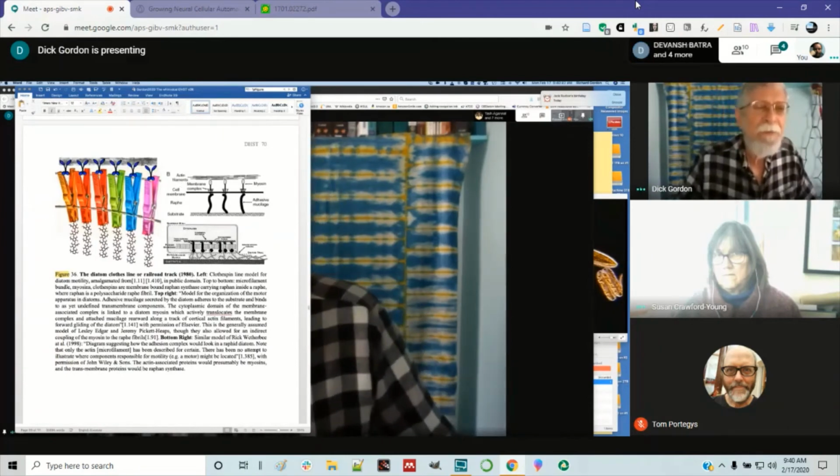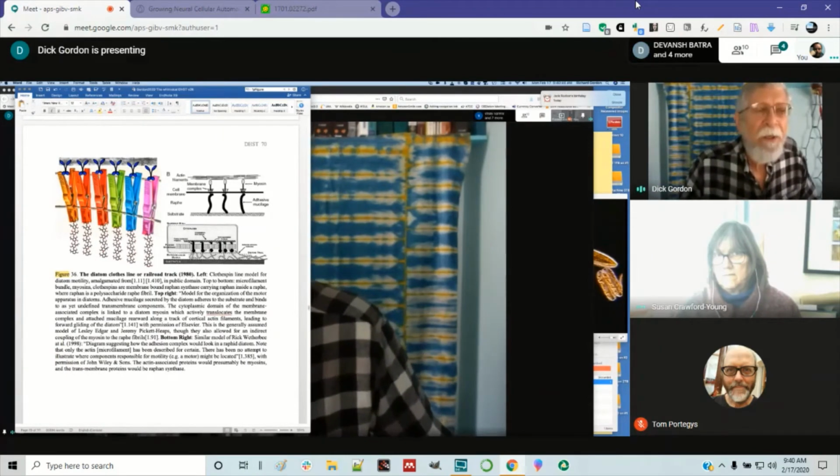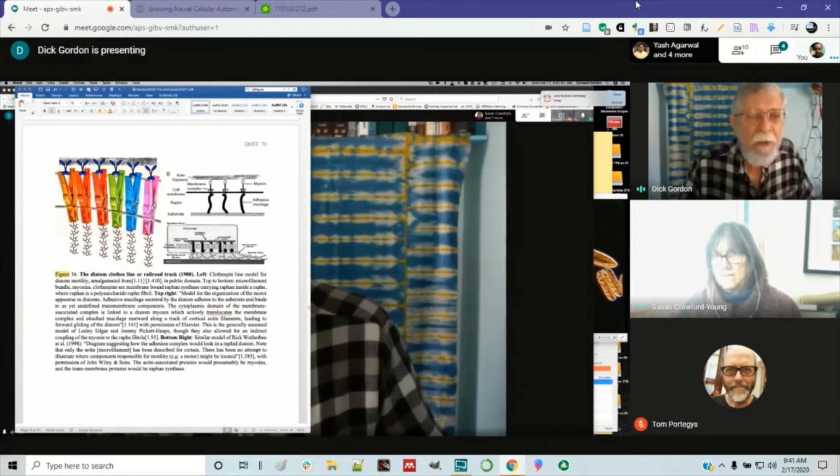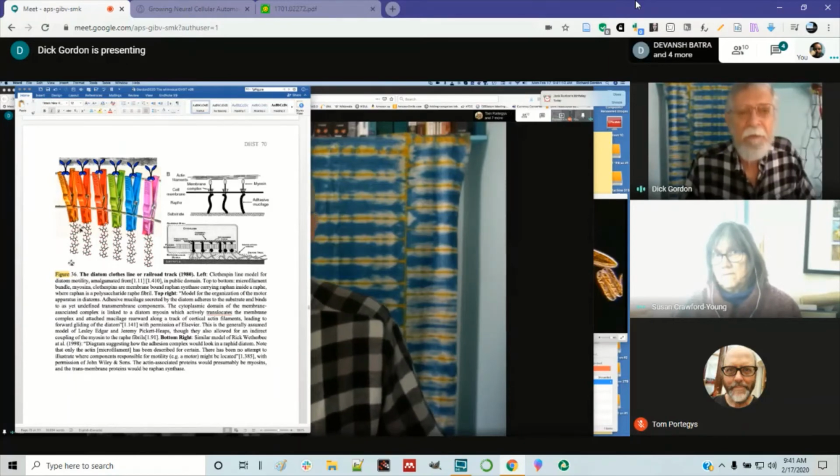Okay, so here's the clothesline model. I've done it literally with clothespins here. Here's your actin fibril attached to myosin molecules, these blue things, which are attached to membrane proteins that synthesize the fibers in the raphe. The clothespins would be raphan synthase, and these long string molecules would be the raphan.